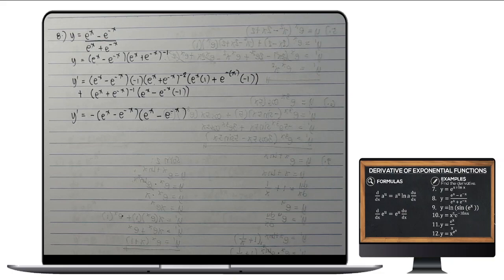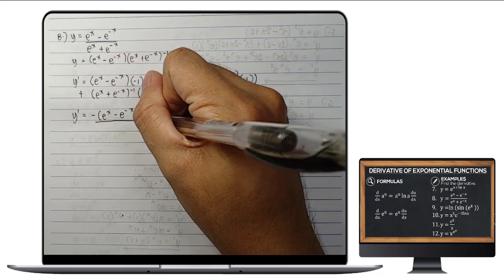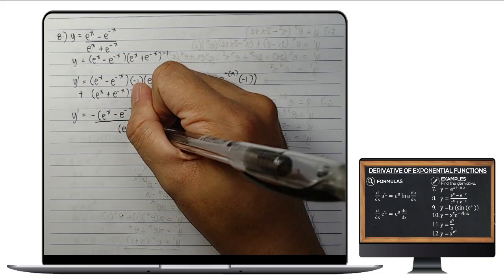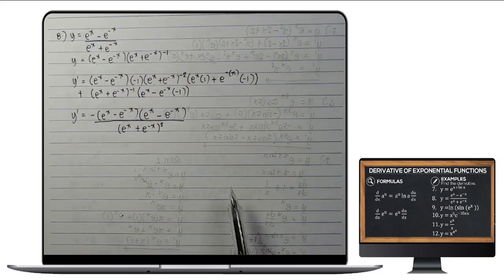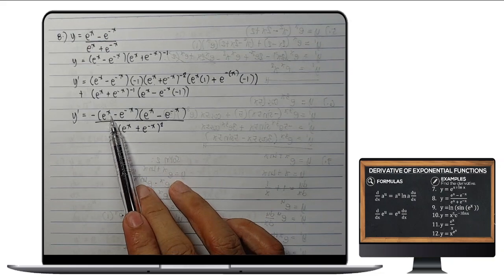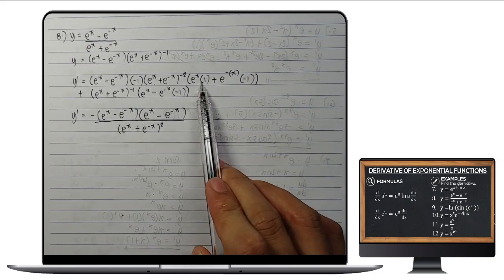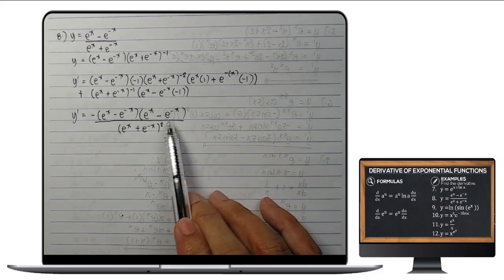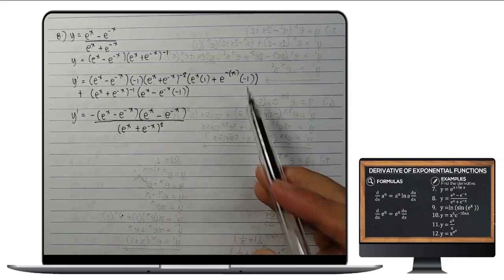Okay, divided by e raised to x plus e raised to negative x being square. So that is e raised to x minus e raised to negative x times negative, then e raised to x, negative, e raised to negative x all over e raised to x plus e raised to negative x being square.